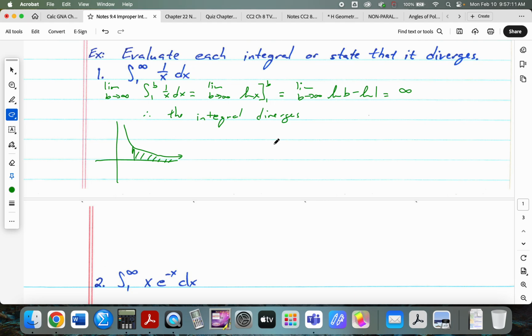We'll save talking about this until another time, but if it was 1 over x squared, where the denominator was getting big faster, so the function was getting small faster, that improper integral actually converges. So it's all about how quickly the graph gets small as to whether or not this is going to converge or diverge if you have a decreasing function like this.